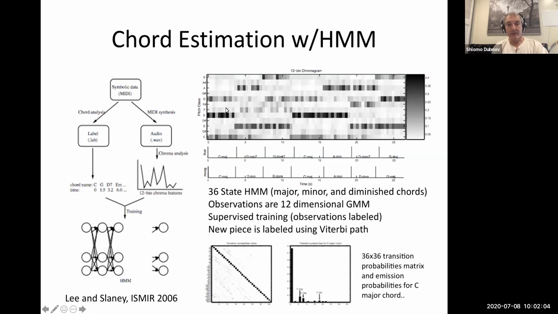Because we have 12 notes times 3, we have 36 states. You can see that the true chord sequence was C major, D minor 7, C dominant 7, C major, A minor, and so on. And these are the hidden states that the HMM found.